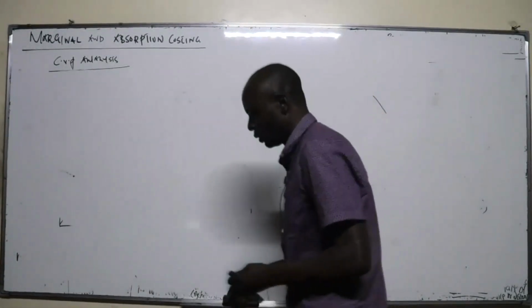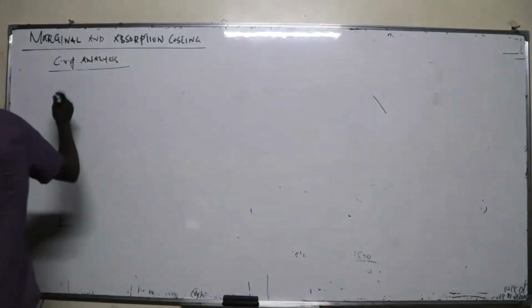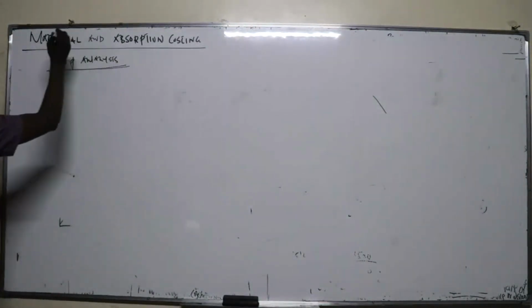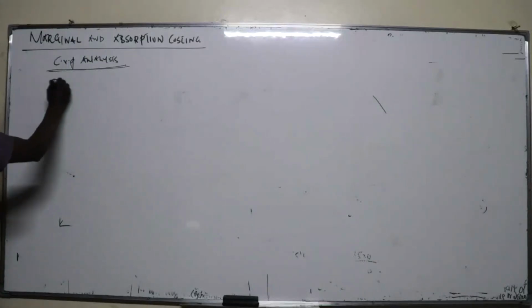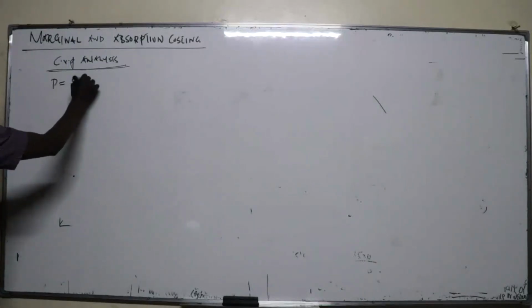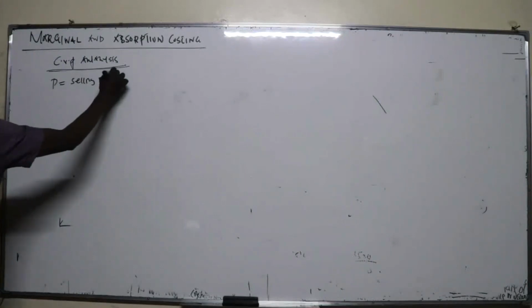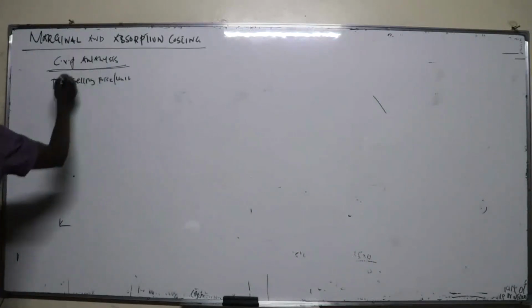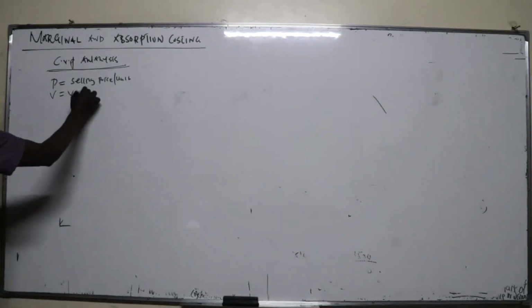P stands for selling price per unit. V stands for variable cost per unit.